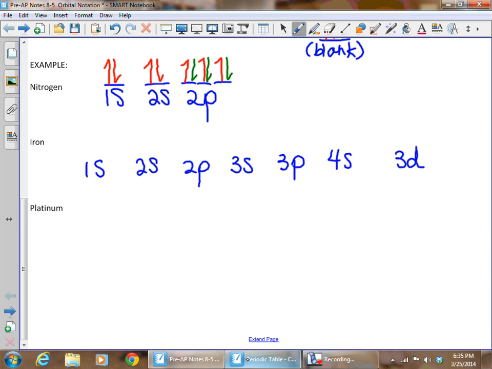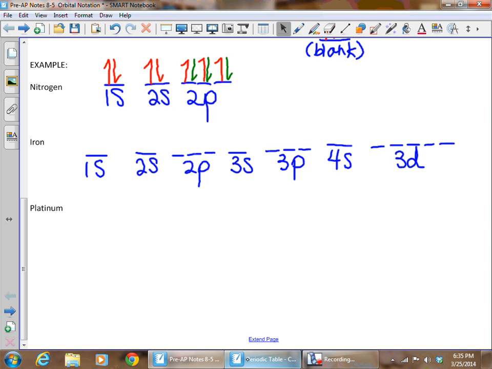Remember that now we put orbital blanks over the top for all of the s's, no matter what the number is in front. They all have 1 orbital in them. The p's, no matter what the number is in front, have 3. And d's have, as hopefully you remember, 5.